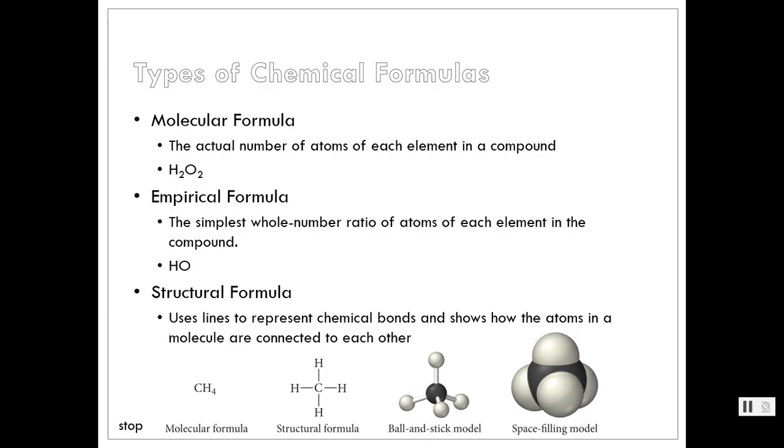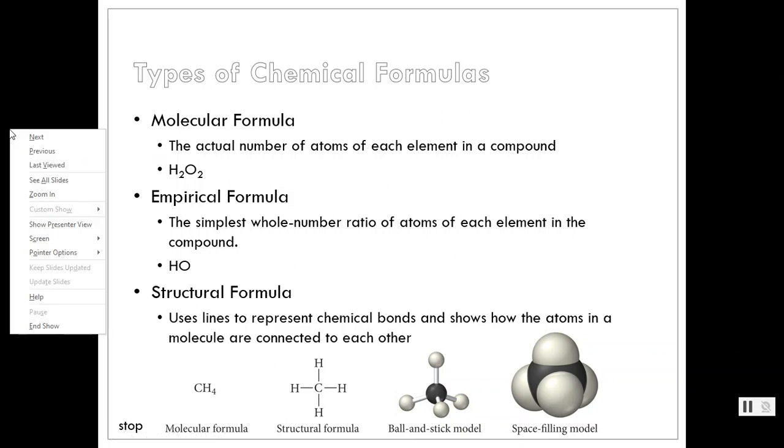Before we start talking about how to write a chemical formula once given ions, let's talk about the types of chemical formulas. The chemical formulas we have been talking about so far, either ionic or molecular, are molecular formulas. And what that means is that those kinds of chemical formulas list the actual number of atoms of each element that are present in a compound.